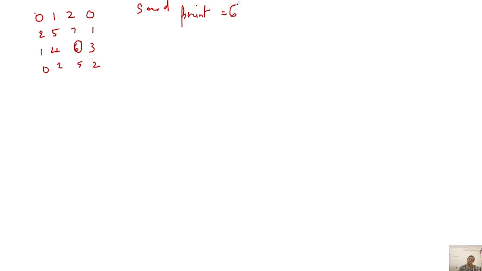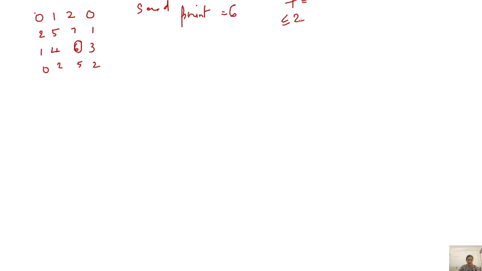So how to grow the region? The condition is the absolute difference. I am assuming a threshold equal to 2. The condition is that the absolute difference between neighboring pixels should be less than or equal to 2.